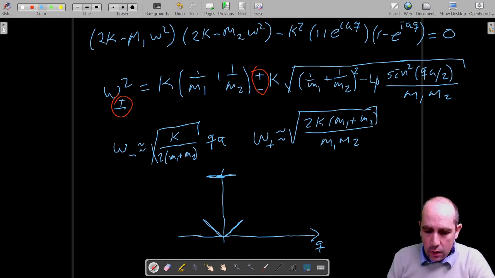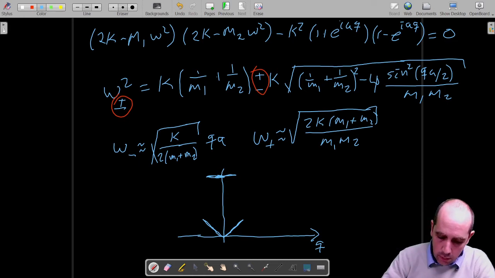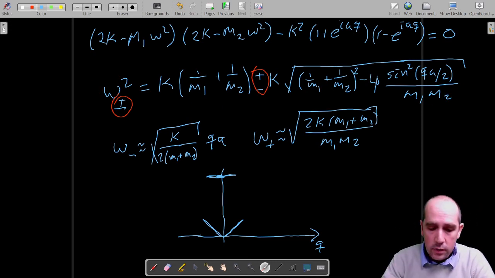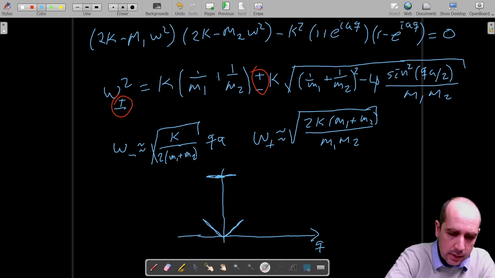Of course, we would have to make a plot of the full equation of the two solutions in order to know what the solution really looks like.